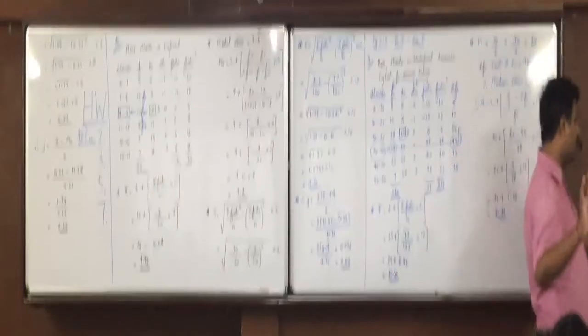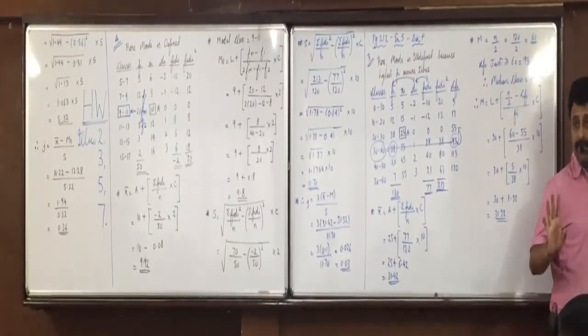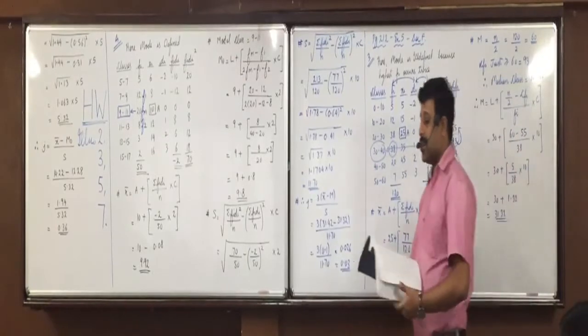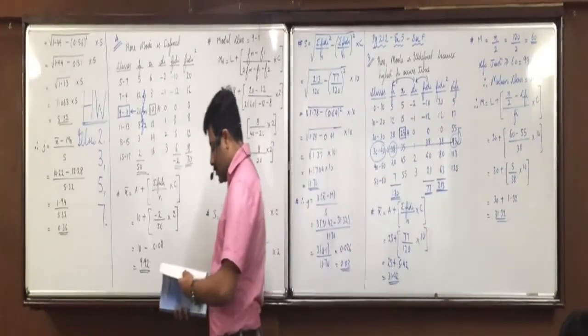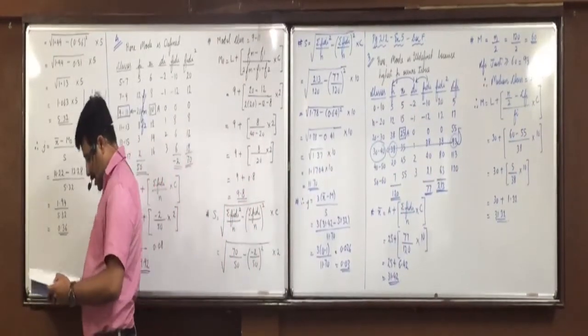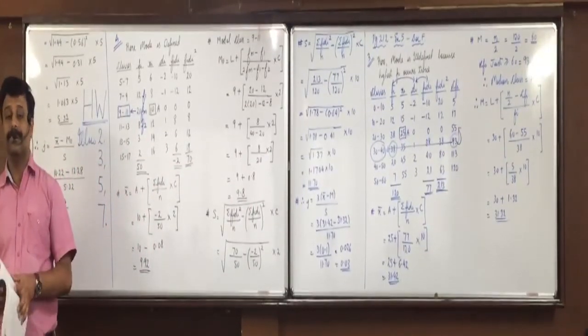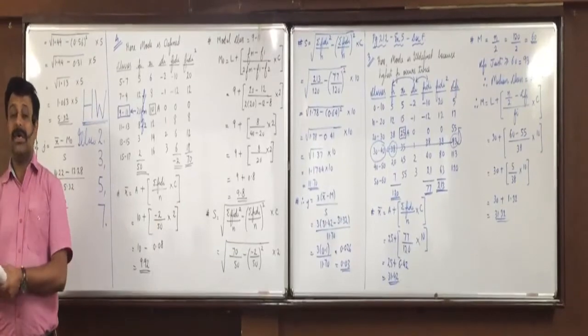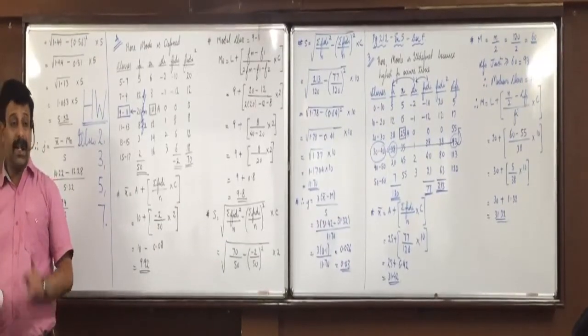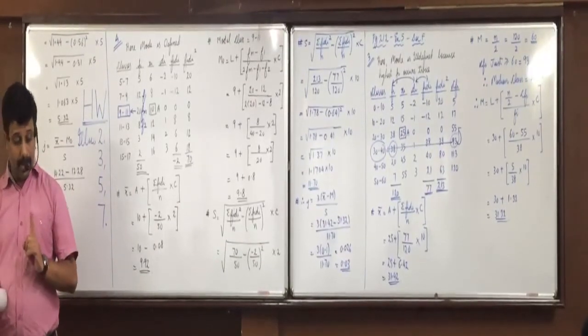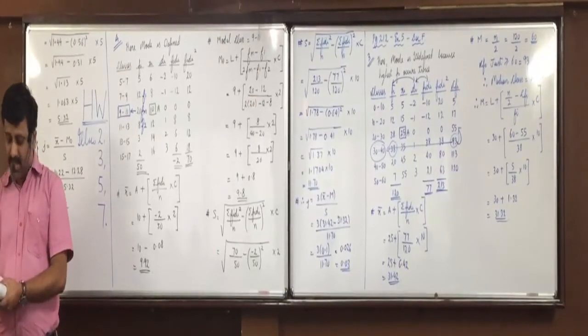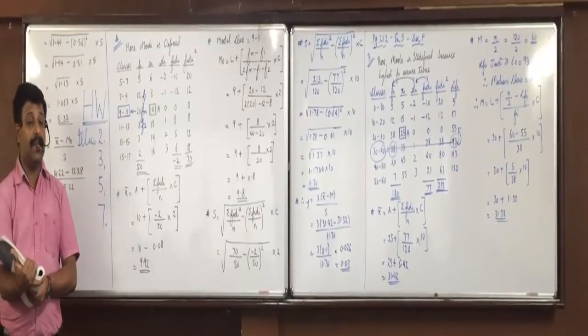In that, I just want to discuss illustration 7. Look at illustration 7, page number 191. See that everyone has the calculator tomorrow without fail, okay? Page 191, illustration 7, everyone has taken out.